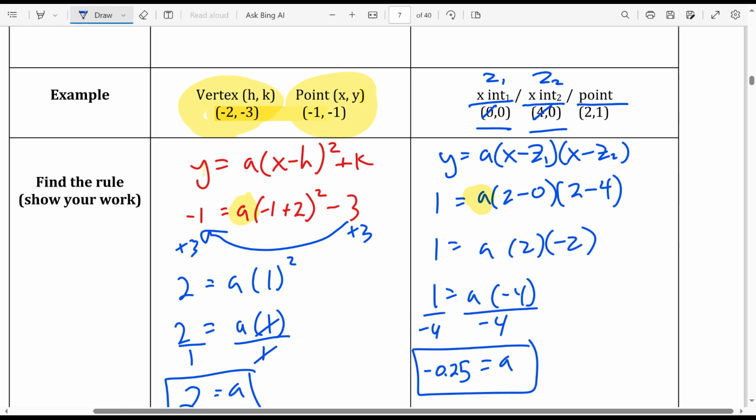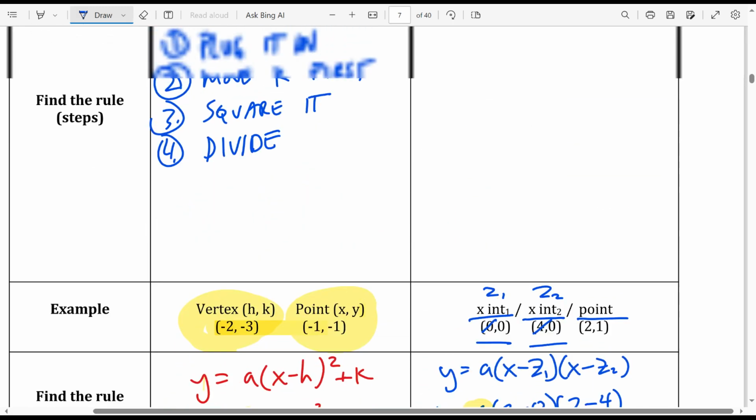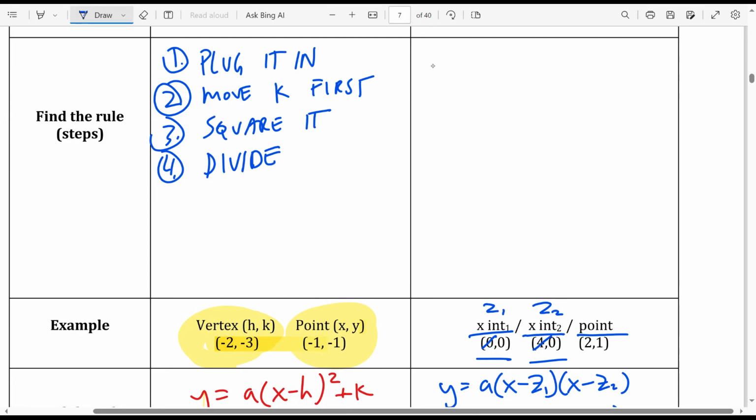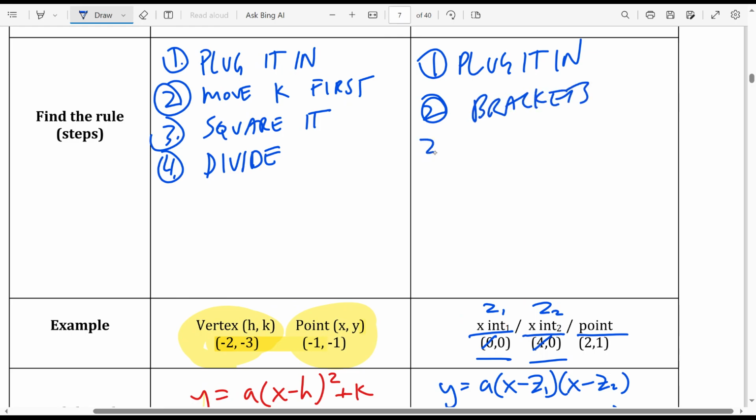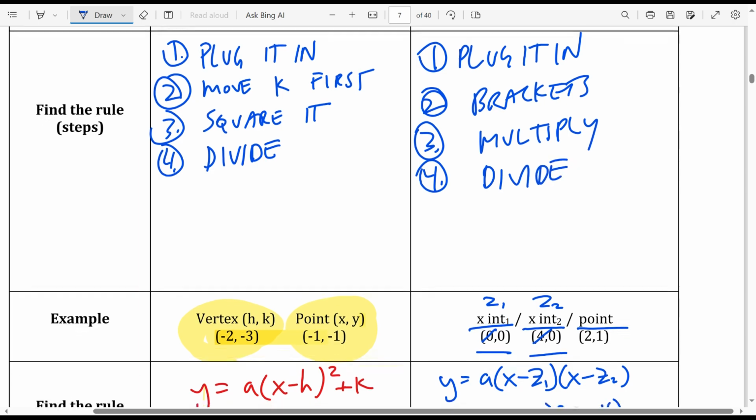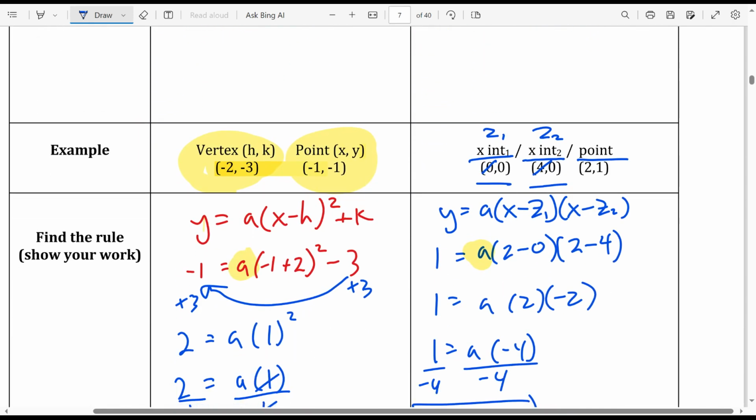So all we have to do for this guy here is just plug it in. So I'll scroll back down in a second. 1, plug it in. 2, brackets. 3, multiply. 4, divide. And that's basically it in a nutshell.